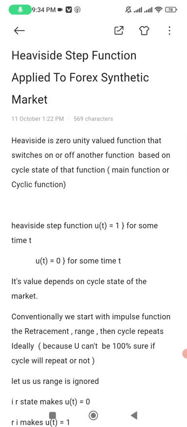So the Heaviside step function u(t) is equal to 1 for some time t, or u(t) is equal to 0 for some time t. So its value depends on the cycle state of the market. The market has cycle states. As I read down, you'll be able to learn this.